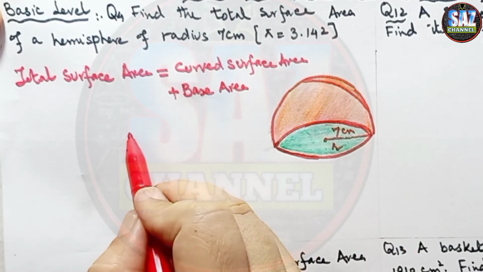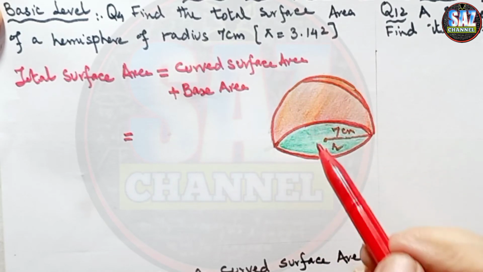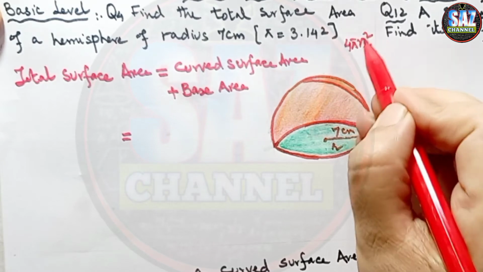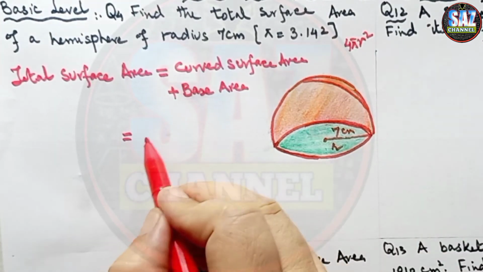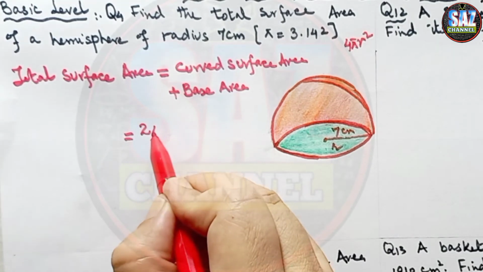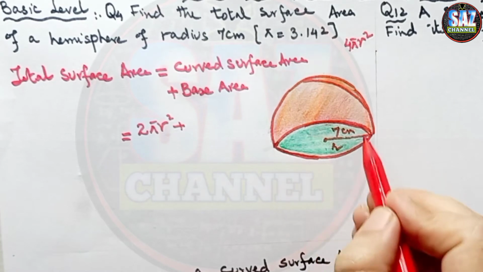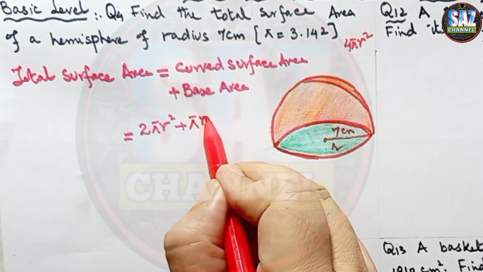Now if we talk about the curved surface area, the curved surface area of a full sphere is 4 pi r square, as this is the half sphere hemisphere, so the curved surface area formula will be 2 pi r square, and the base is a circle with radius 7 centimeter, pi r square.